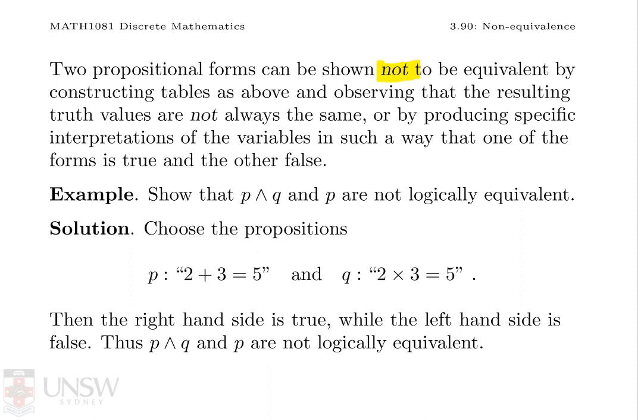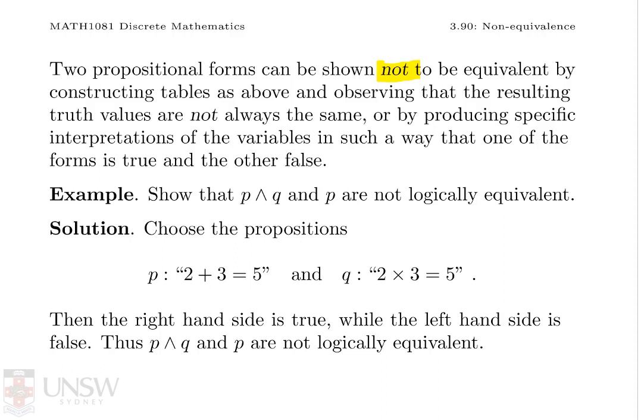We could just construct the truth tables and note that the resulting truth values are not always the same. If you think about it, that's rather overkill, because to show they're not equivalent, we only need one example where they have different truth values. And so if we can avoid constructing the whole truth table and just in effect construct one row of it, we're going to save ourselves a lot of time.